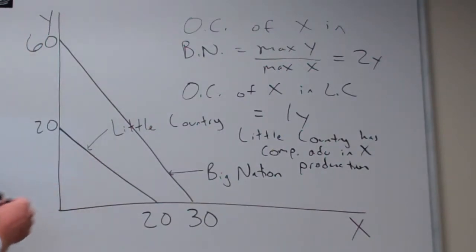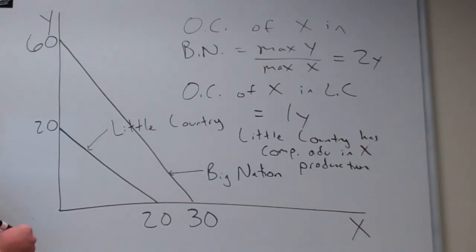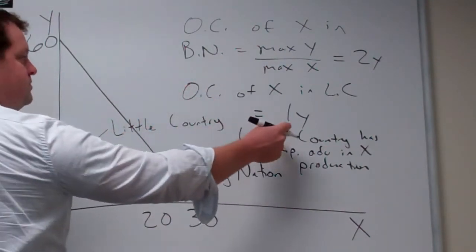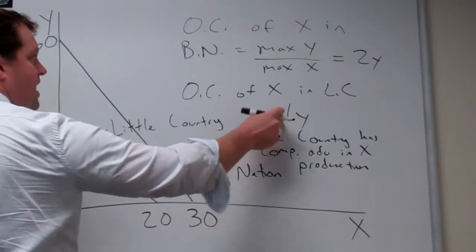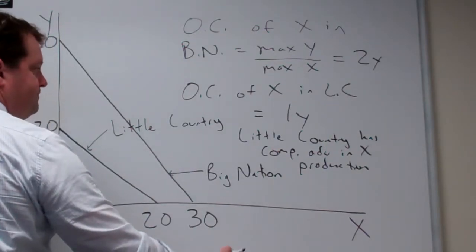Okay? So there's step one. We've identified which economy is a lower cost producer of X. Little country is because their opportunity cost, 1Y, is less than the opportunity cost of getting a unit of X in big nation, which is 2Y.